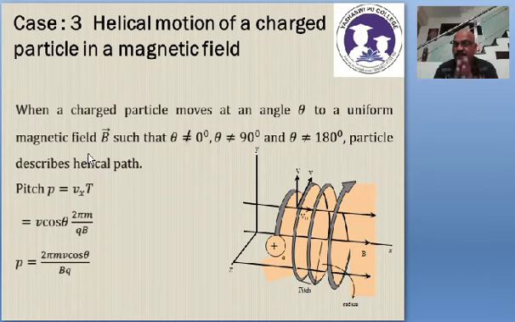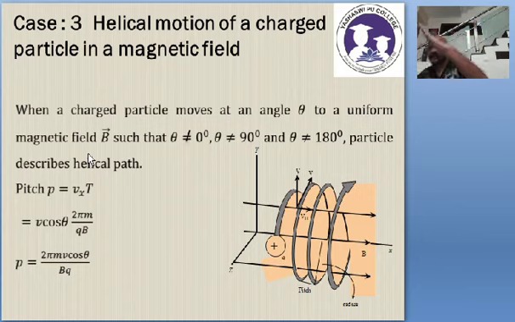Now if the charged particle is moving at an angle theta, where theta is not equal to 0, theta is not equal to 180, theta is not equal to 90. In that case, please understand, suppose the velocity is making an angle theta with the magnetic field.